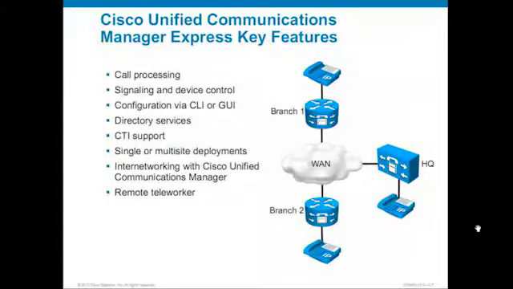Now, the key features of Cisco Unified Communications Manager Express. First of all, call processing. This is the system that provides all the necessary signaling, all the necessary registration, provides the phones with all the necessary features through signaling and device control. Now remember one thing, Cisco Unified Communications Manager Express is meant for medium to small locations where there might not be people with IT knowledge.